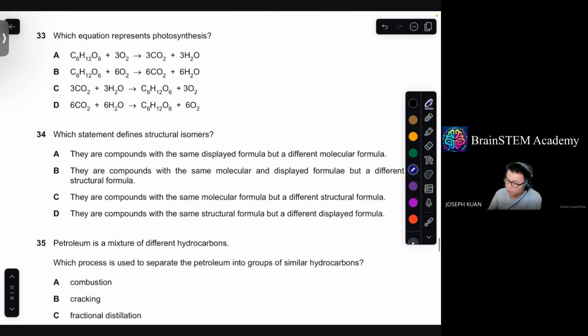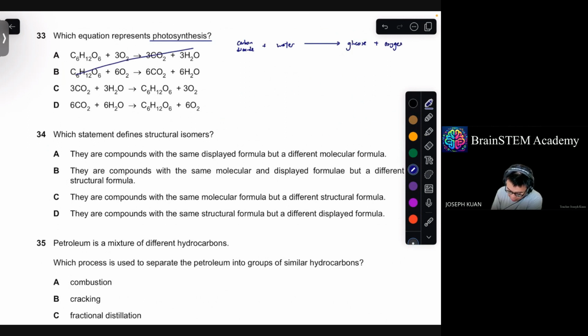Moving on to question 33. Which equation represents photosynthesis? Photosynthesis is the process of carbon dioxide and water getting converted by plants or algae to form glucose and oxygen gas.